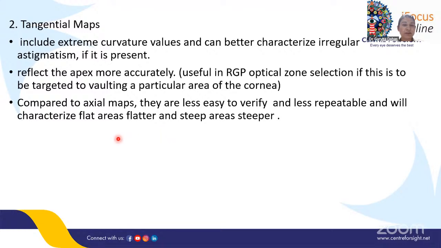Further, if we compare it to the axial maps, these are less easy to verify and less repeatable. But they will characterize the flat area to be flatter and the steep area to be extremely steeper.